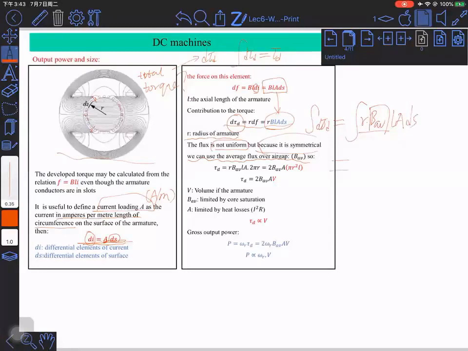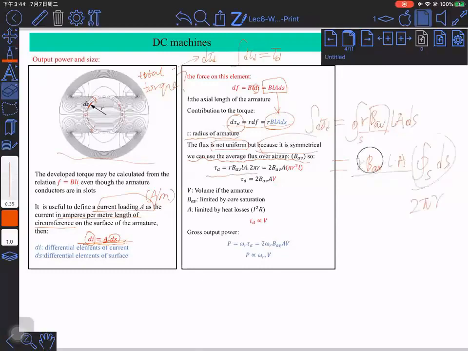And we are doing the integration over the surface of the armature. We can take out all the constants, R times B_av times L times A. Those are all independent of the position on the circumference of the armature surface. Instead, what we are integrating is just ds, and the integration is obviously the perimeter, which is going to be 2 pi r. So that's what we have here.